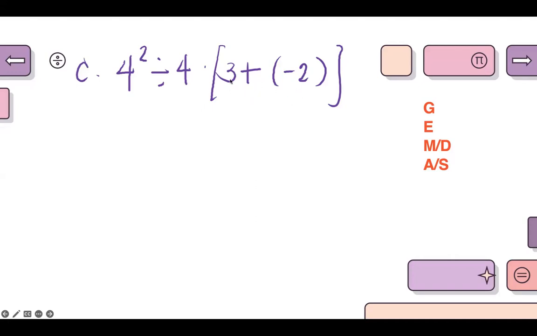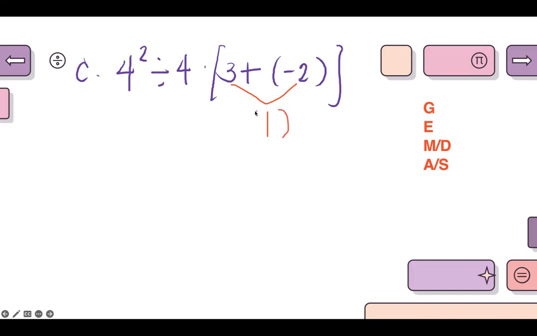Since we have grouping symbol, we need to simplify the numbers inside the grouping symbol. We are adding numbers with different sign, meaning we need to subtract the numbers. 3 minus 2, 1, and then simply copy the sign of the number with the greater value, which is positive. So 3 plus negative 2 is positive 1.